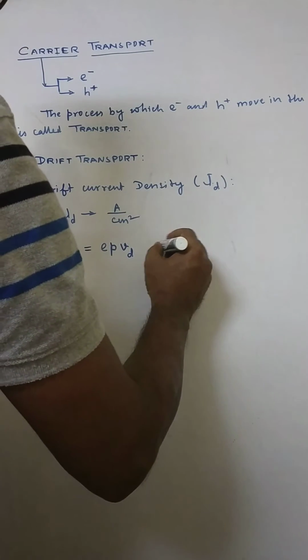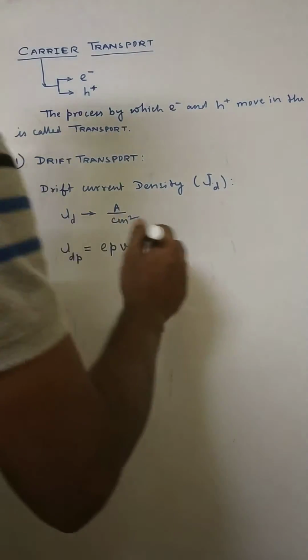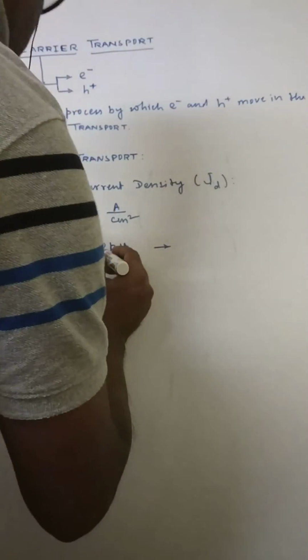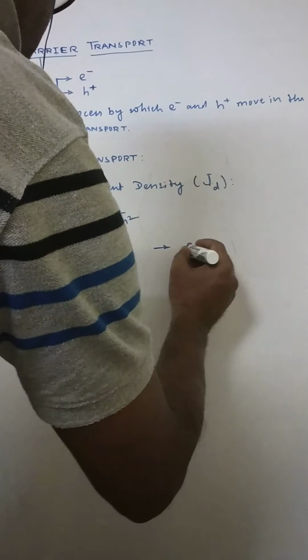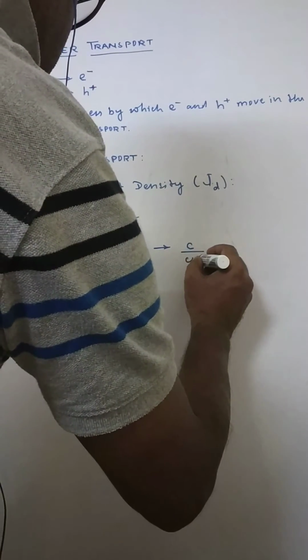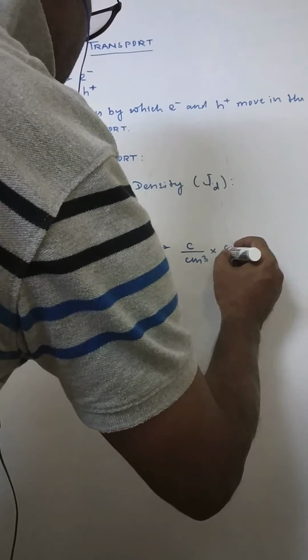Now let us check whether this expression satisfies the unit. E is the charge, that is coulomb, and P is per centimeter cube, into Vd, which is centimeter per second.